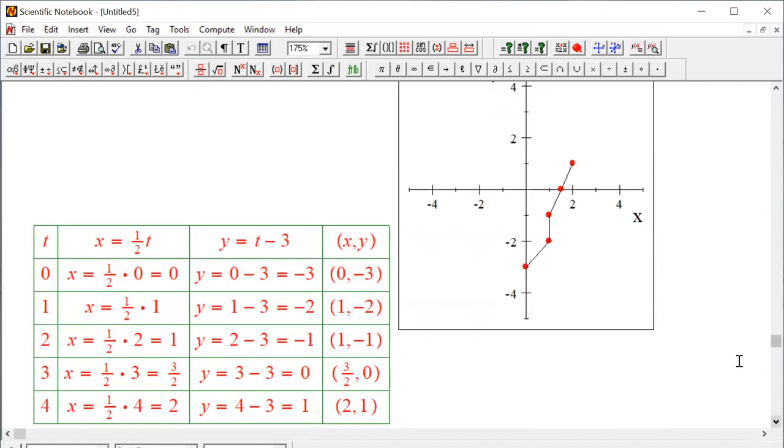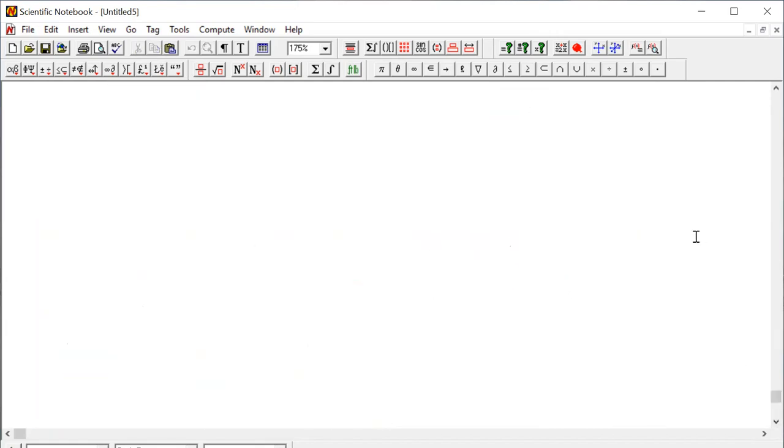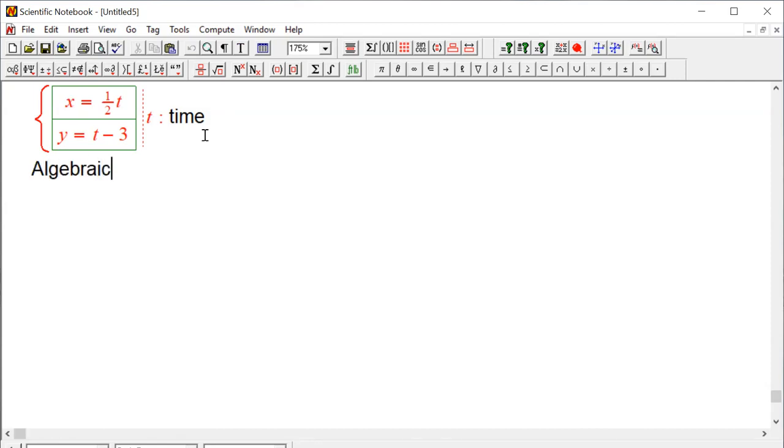If I get rid of the t, we're going to eliminate the t. Okay, so algebraically, we can remove the t, right?